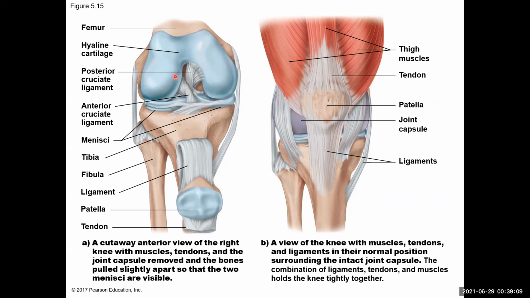You have your PCL, your ACL, and then the ligament that's connecting your patella, and then the cartilage that's underneath the patella, right? And then this purple area is the joint capsule that's surrounding the lower end of the femur, and that is allowing fluid to be in the space so that it lubricates the femur connection to that meniscus. Okay.